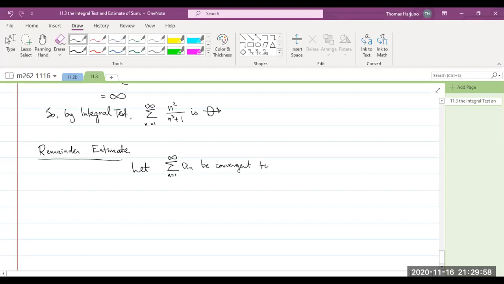Let's say it's convergent to S. And the nth partial sum is the sum of, maybe I use i here, the sum of the first n terms.